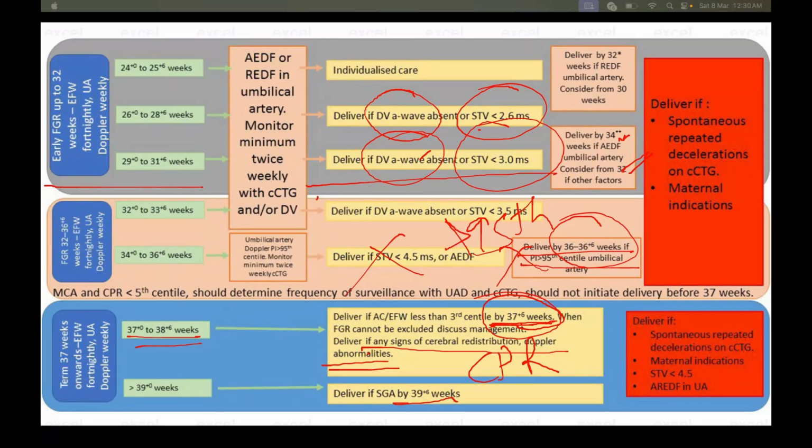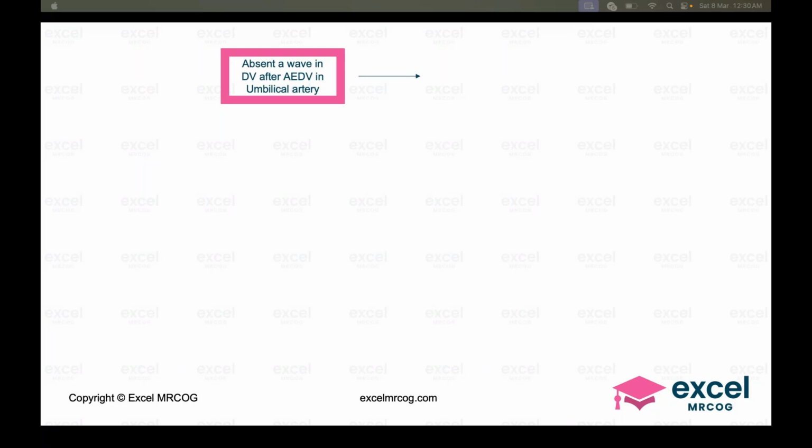We've seen this, right? So let's make it very easy. Absent A wave in DV, after doing an umbilical artery Doppler which is showing absence of end diastolic flow. These are delivered.